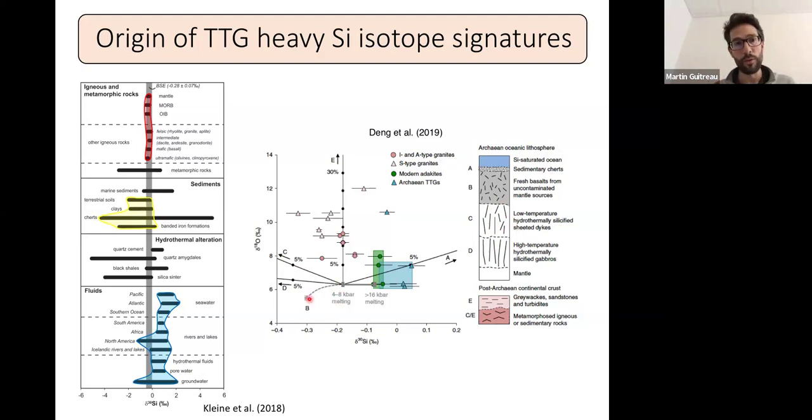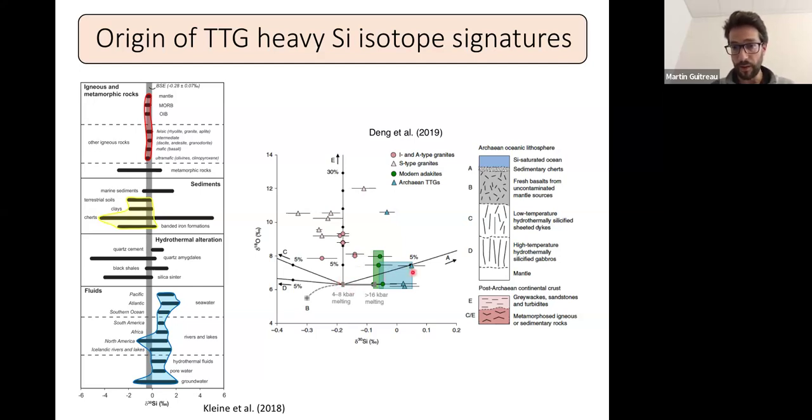And once you precipitate silica, the fractionation between silica and the fluid will induce the fact that the silica will have a lower isotopic composition compared to the fluid. So it will go to the right. So in order to account for that heavy signature, you will have to have a fluid that is heavier than the bulk silicate earth. And this is precisely what you get from the chert.